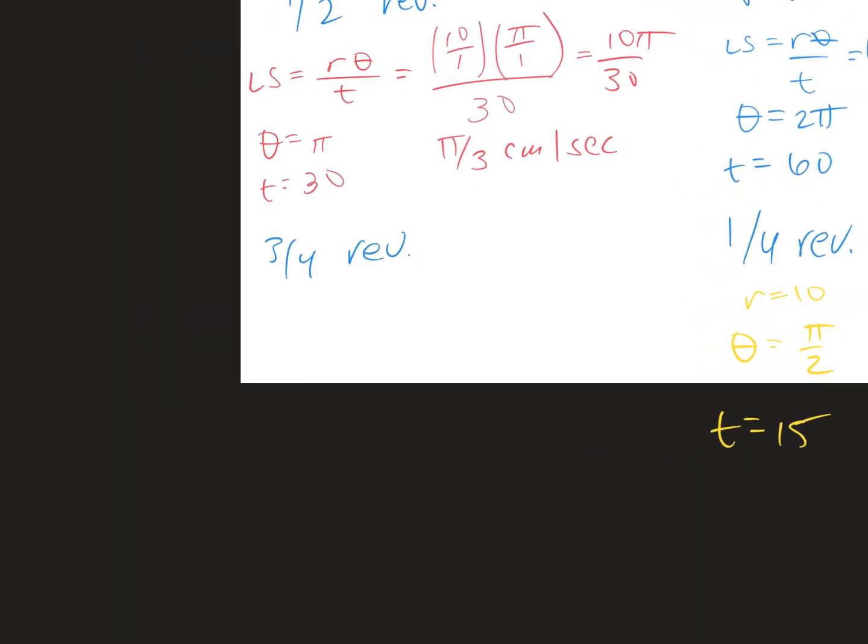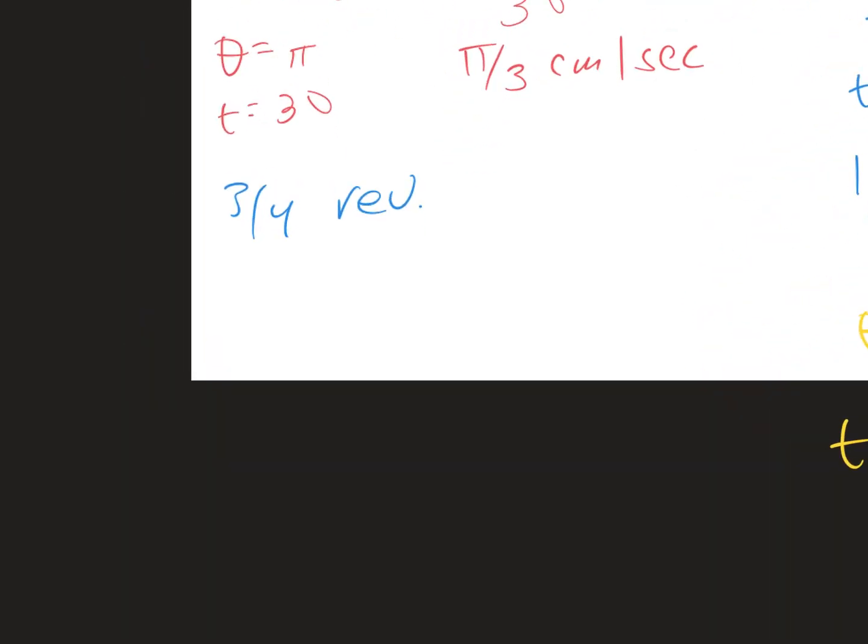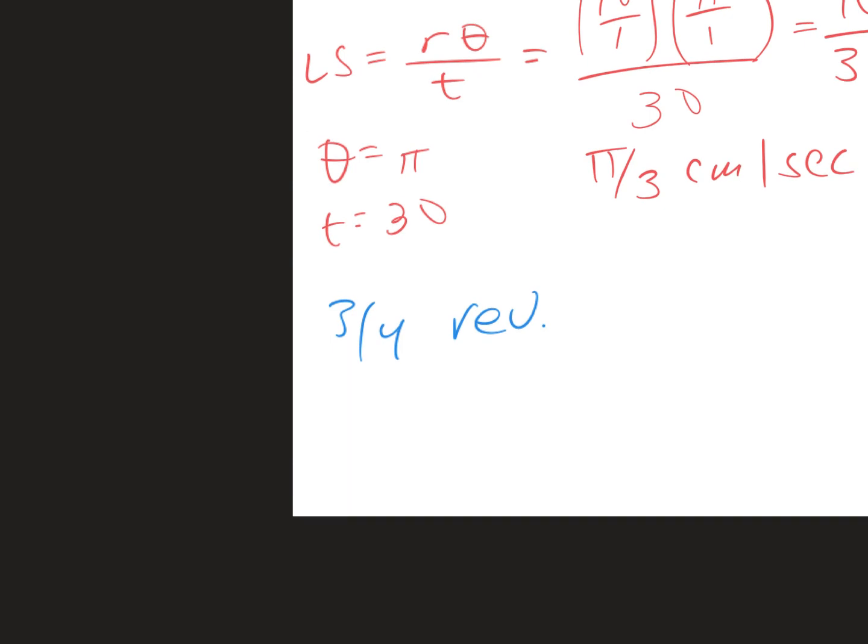All right, let's do the same problem, but 3/4 revolution. My radius is still 10. I didn't change that from the beginning. But what is my 3/4 revolution? What is the theta that I'm talking about? 3 pi over 2. And what is the time that elapses in 3 pi over 2? 3/4 of a minute. 45 seconds.